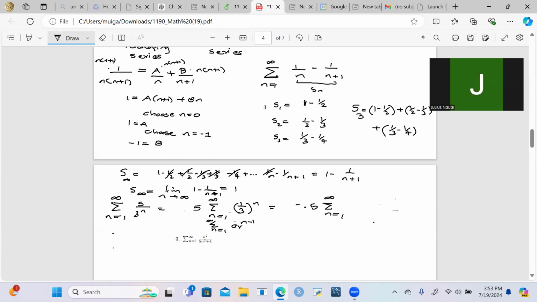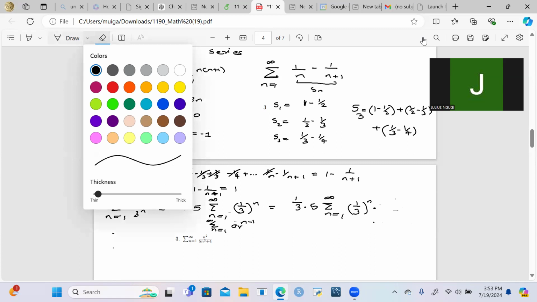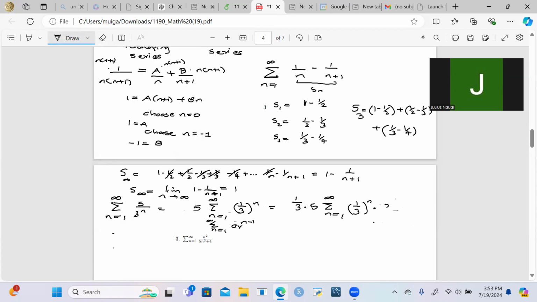If I multiply here by 3, without changing the working, it's the same as multiplying here by 1 over 3. So if I factor out 1 over 3, that means I'll be multiplying inside here by 3. That's the calculation I wanted to do.